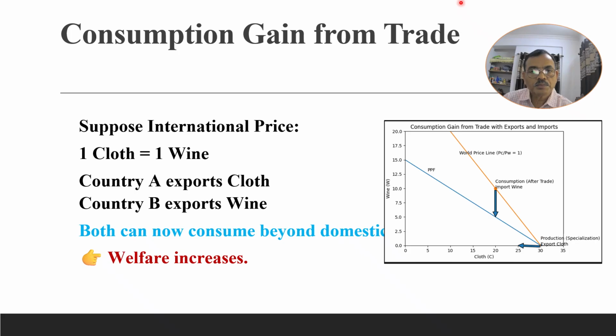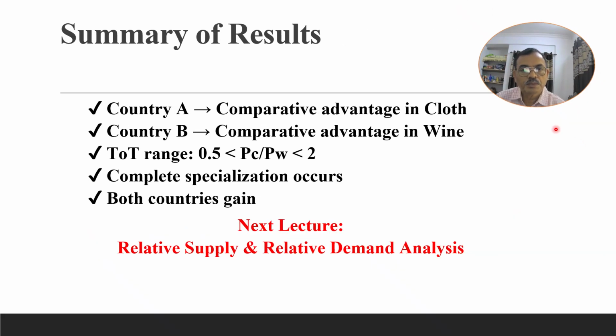Similarly, country B gains. Let us summarize the numerical findings. That is the final result. Country A has comparative advantage in cloth. Country B has comparative advantage in wine.